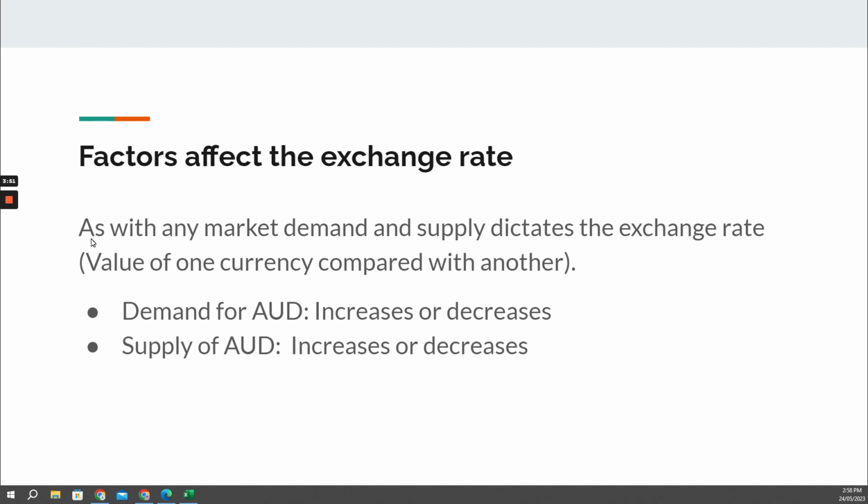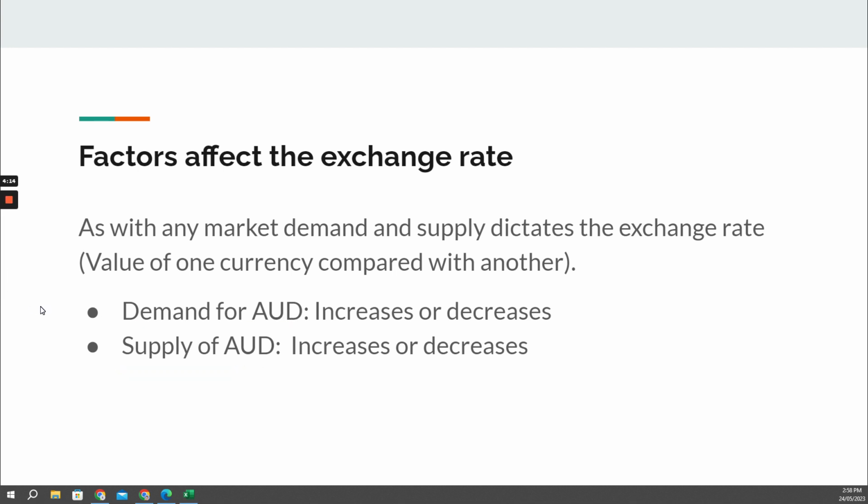And the foreign exchange market is close to a perfectly competitive market because all dollars are the same, there's lots of information, and there are many buyers and sellers. So if we're thinking about what would appreciate or depreciate the dollar, we need to think about the demand for Australian dollars and the supply of Australian dollars.